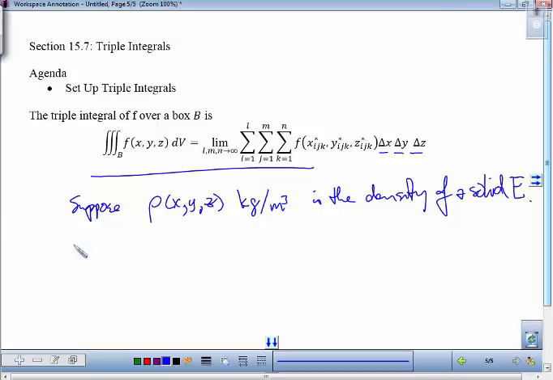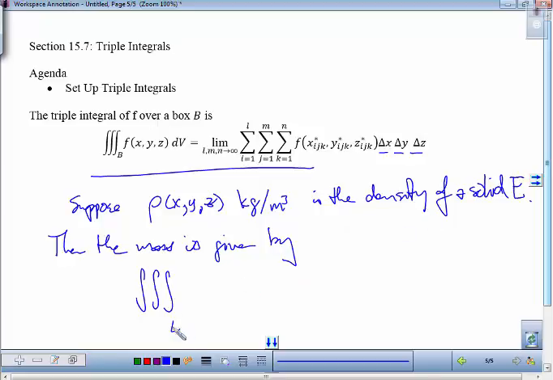Anyways, then the mass is given by a triple integral over E of your rho function. And then the delta x, delta y, delta z that you would multiply it by is summarized into a dV. So whenever you see dV, think about that as dx, dy, dz.